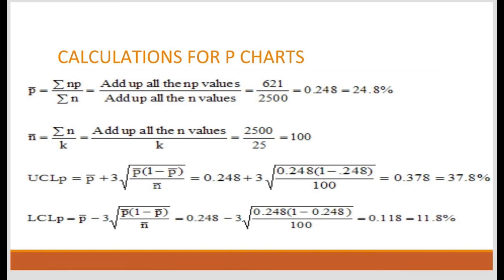Now we are interested in plotting the P chart for this example. From the calculations, we obtained the value of P bar as 24.8%. The upper control limit for the P chart is 37.8%, whereas the lower control limit for the P chart is 11.8%.